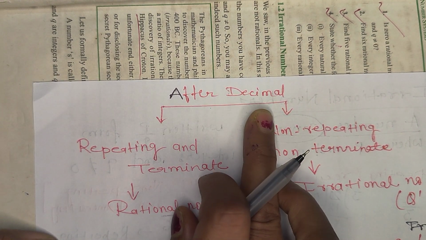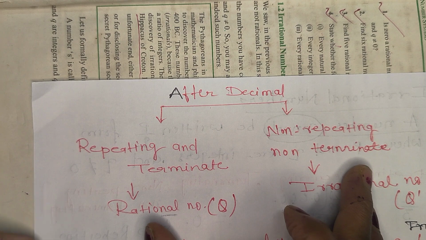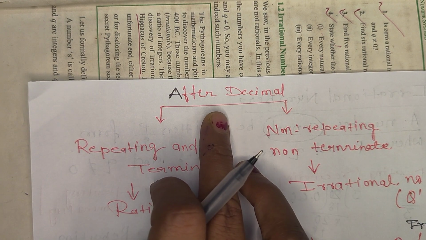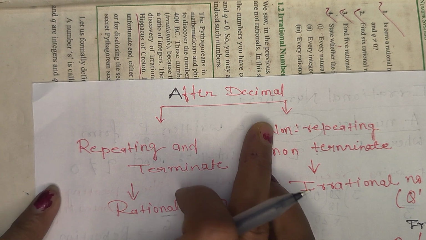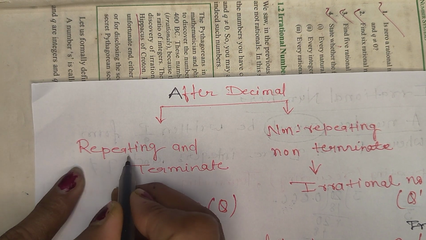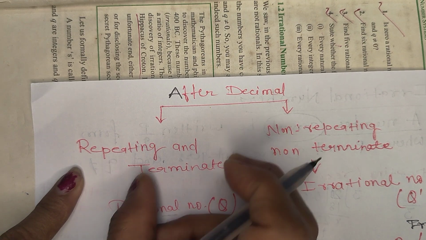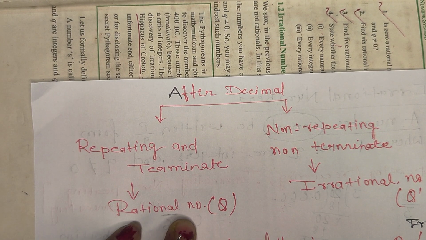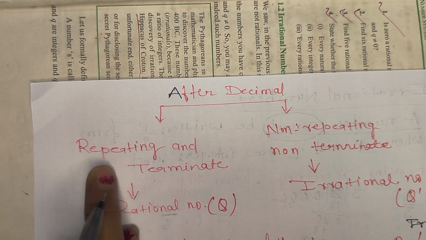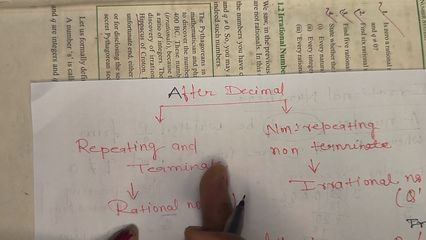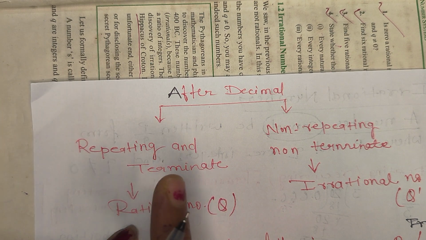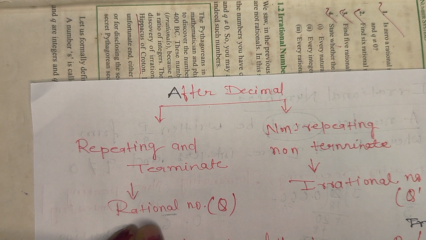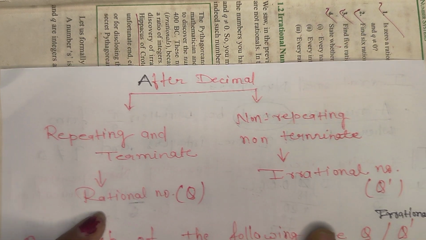After the decimal, there is a rule for how to check whether a number is rational or irrational. We look after the decimal. If after the decimal the number is repeating or terminating, then it is a rational number. A number which repeats after the decimal or terminates, meaning it divides completely, we can say is a rational number.